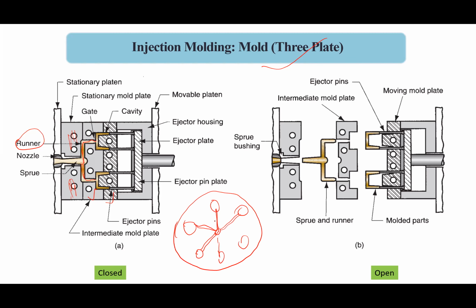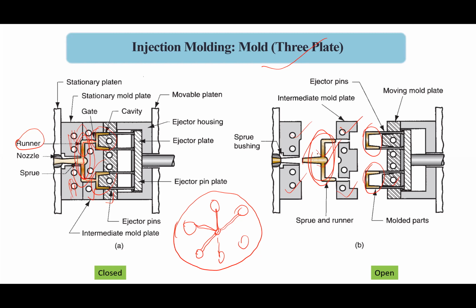In that case, we need to provide the material through these plates using the runner, and then into the final cavity. The disadvantage of using three plates is that the sprue and runner create another part which is completely useless. This is a waste, and the actual part is formed in the other section of the mold. All other things are the same. The cooling channel has to be provided in all three cases.